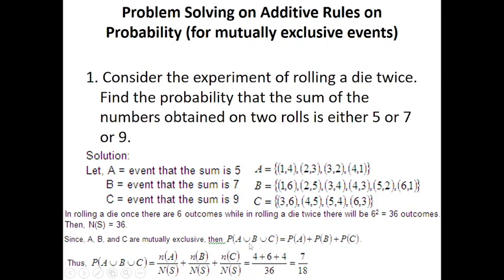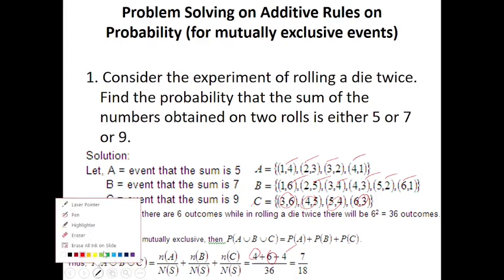So, ilan yung number of possible outcomes natin sa A? 4. Bilangin natin. 1, 2, 3, 4. Kaya we have 4. Then for B, 1, 2, 3, 4, 5, 6. We have 6. For C, 1, 2, 3, 4. Kaya we have 4. So 4 plus 6 plus 4 over 36, it will give us 7 over 18.